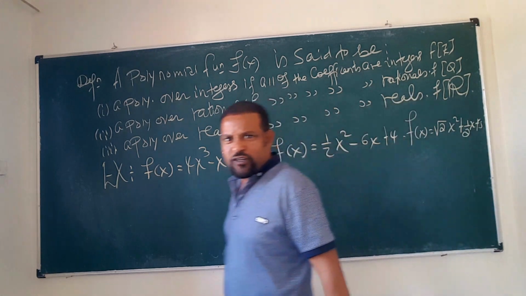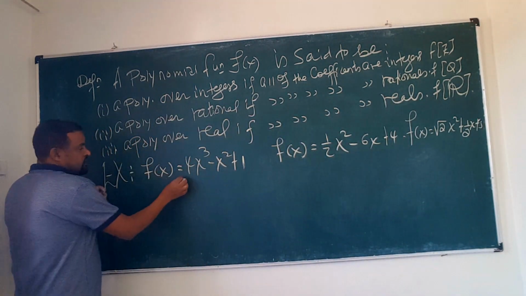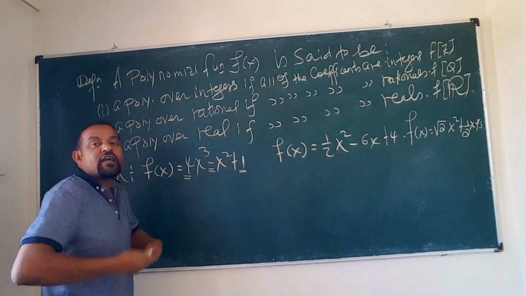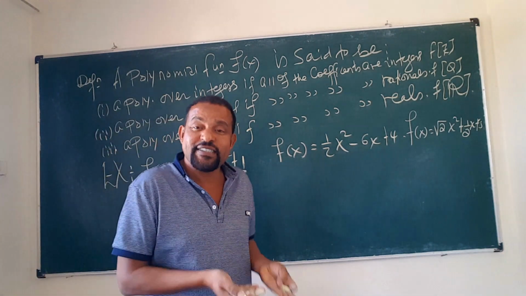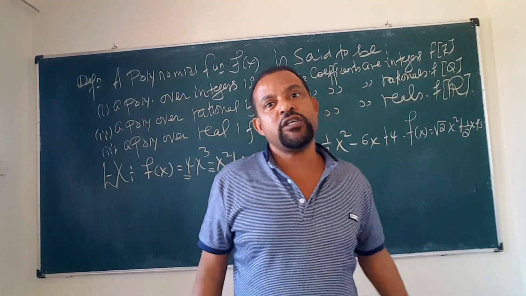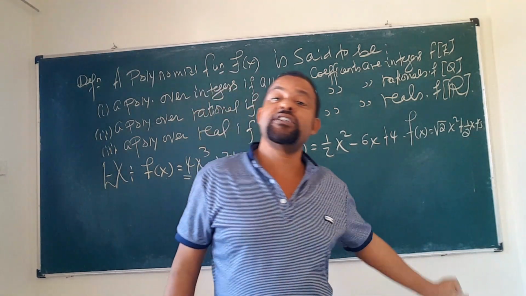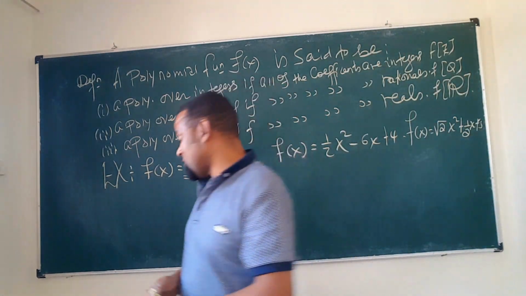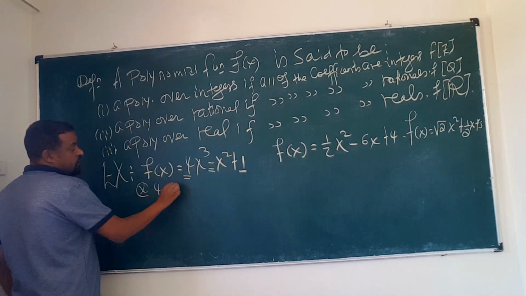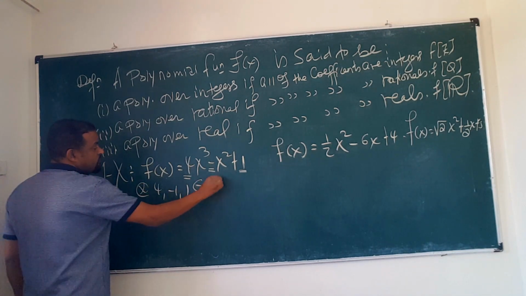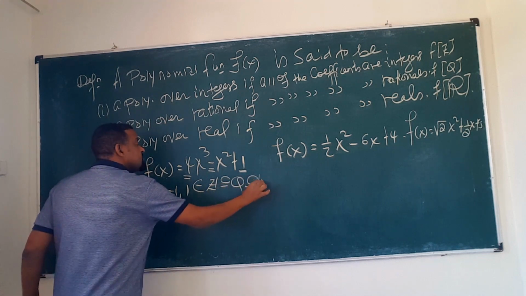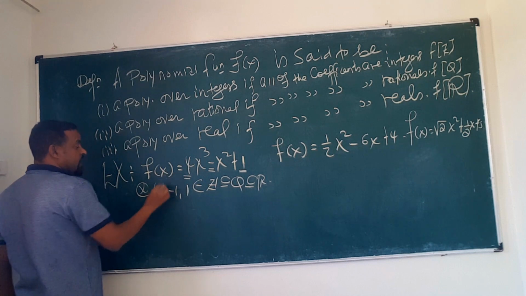Now look at the first: what are the coefficients? 4, -1 and 1. You know that 4, -1 and 1 are integers as well as rationals as well as reals, because all integers are rational numbers, and all rational numbers are real numbers, right? So the set of integers is a subset of rational numbers, and rational numbers are a subset of real numbers.